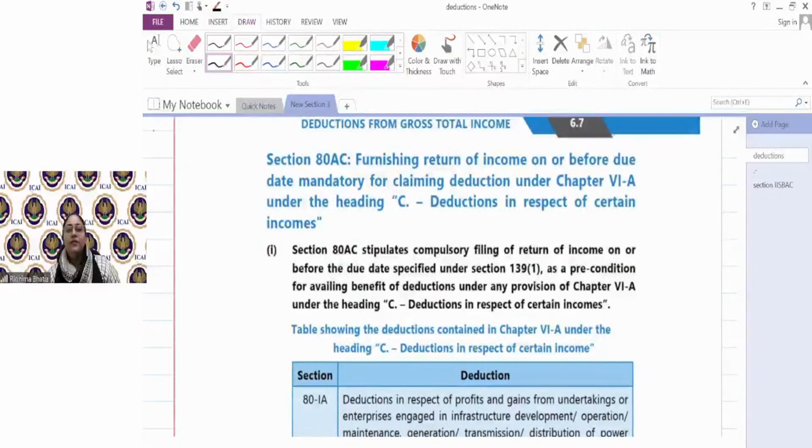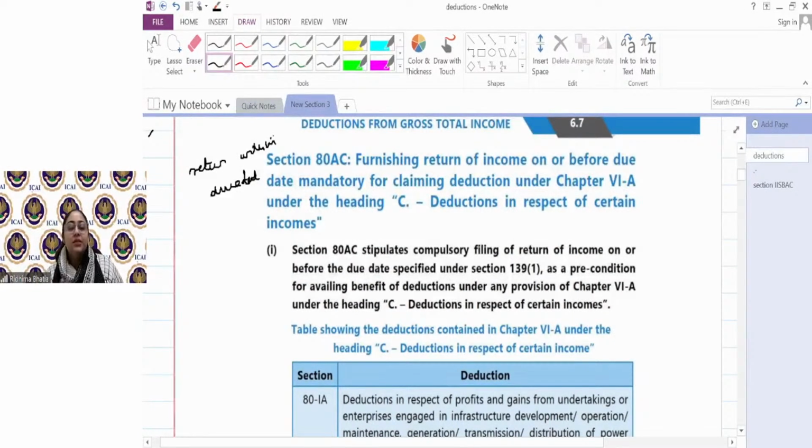If I ask you a question, listen carefully: to claim deductions from gross total income, is it mandatory to file the return on time, that is, within the due date? That means if I file a late return, will I not be able to claim deductions?